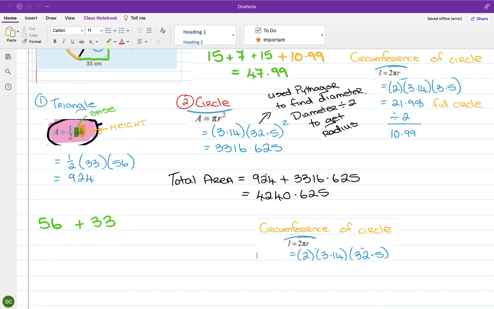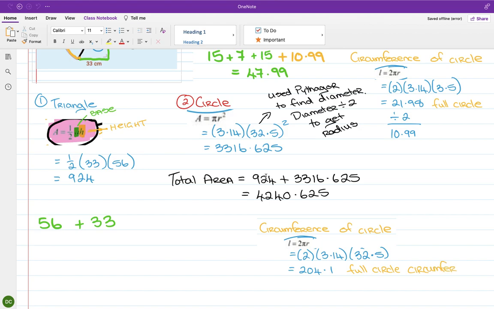Okay, so we can figure this out. So 2 multiplied by 3.14 multiplied by 32.5 is 204.1. That is the full circle circumference.